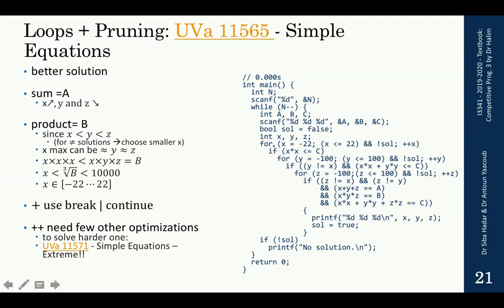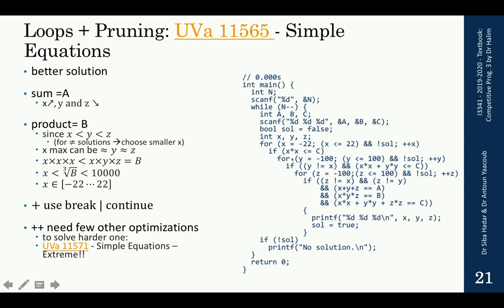And I continue the pruning. Not only is x going from minus 22 to 22, but if the square of x is strictly greater than c, I stop searching, because I haven't yet found y and z, which must be bigger.